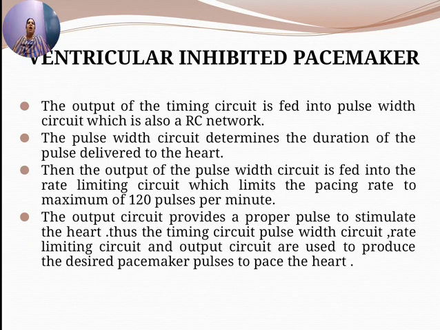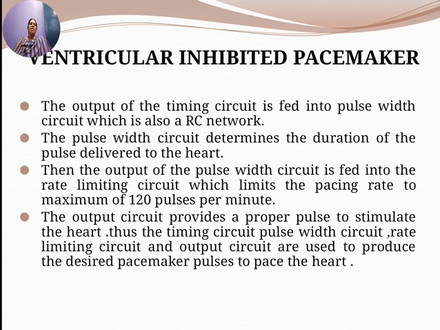The output of the timing circuit is fed into the pulse width circuit, which is also an RC network. The pulse width circuit determines the duration of the pulse delivered to the heart.